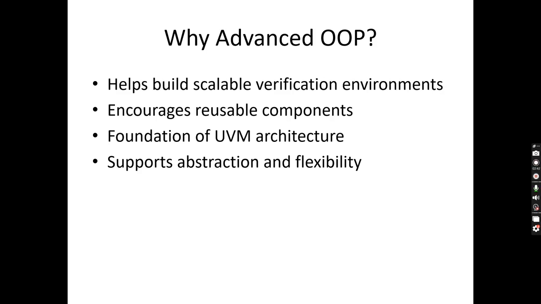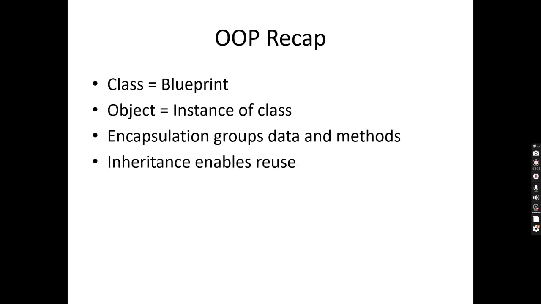For this purpose we use these methodologies. It encourages reusable components, and as I said before, it is the foundation of UVM architecture and supports abstraction and flexibility. Flexibility means it can be used for any other design also.